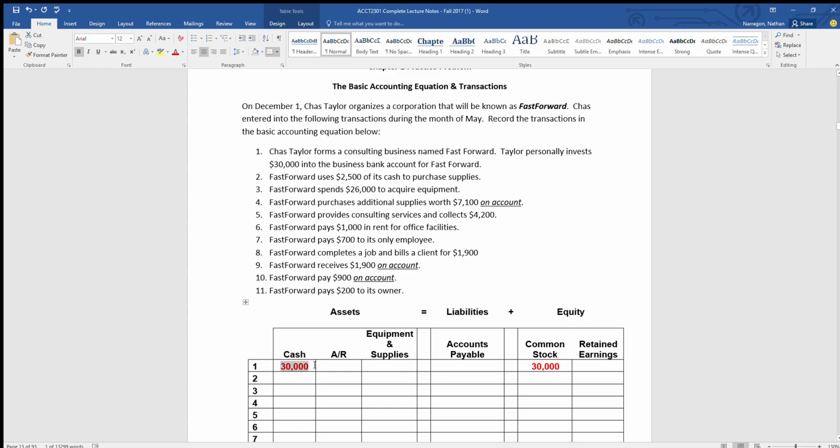Notice again with this, they are both positive. Reason why? Cash went up. Business got ownership of cash. So cash has to be positive. Common stock. We owe our owner $30,000. So since we owe them, of course, that has to be positive also. Again, look what we're looking at up here. They have to equal.